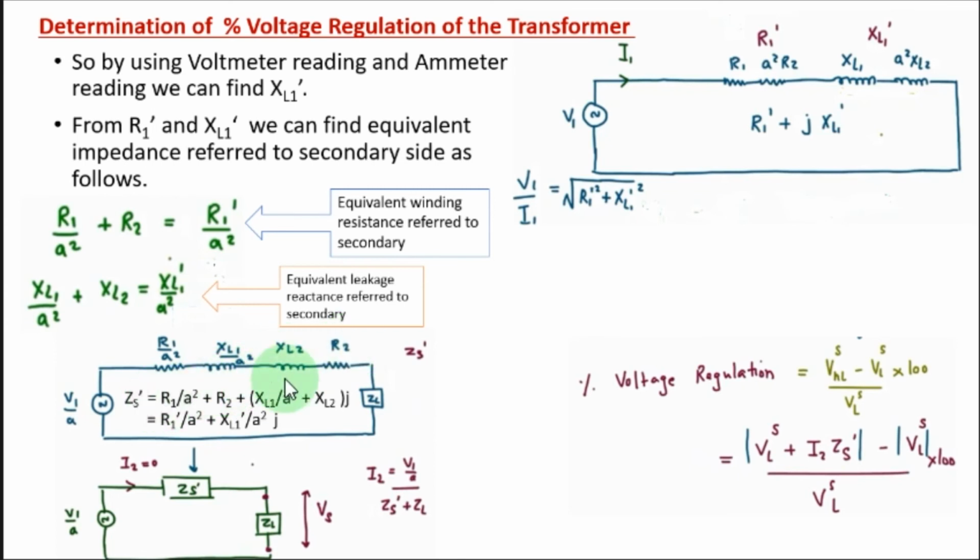So the total impedance here will be the addition of all these four components. You can simply represent the total circuit like this then. ZL is the load. In our case ZL is short circuited in the short circuit test.